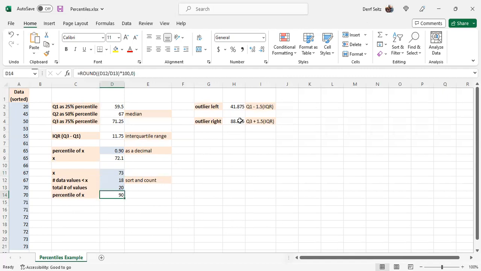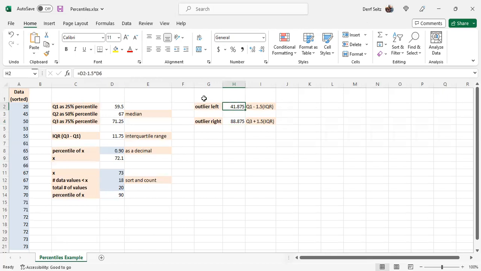Over here, there are two other calculations. It's commonly defined that an outlier starts at values that are quartile 1 minus 1.5 times the IQR. So those are all to the left. If you get that far out or further out, you're considered to be an outlier.